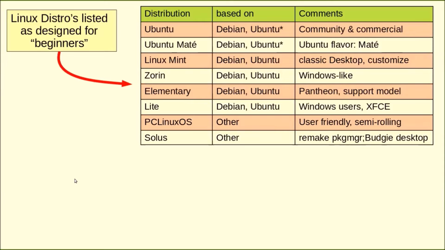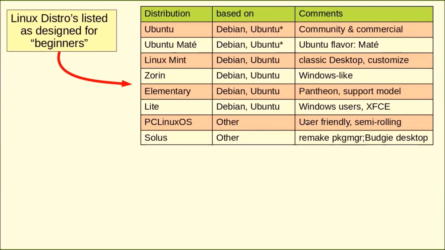So I kind of said those that maybe do not fit the average desktop user. What about the beginners list? Well, the beginners list is well-known names to most of us. And they kind of use the Ubuntu tools. So whether they're part of the Ubuntu organization or not, they use a lot of Ubuntu's work.